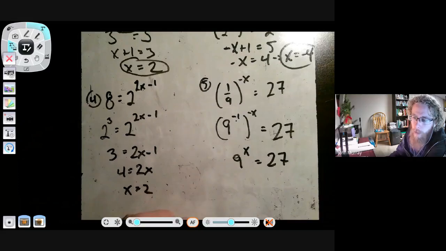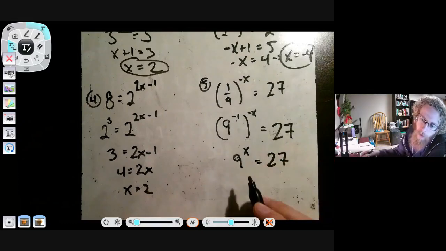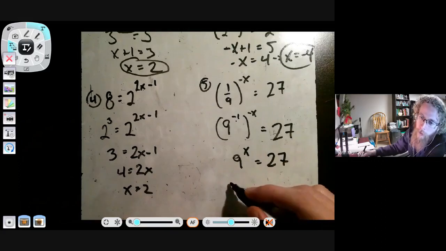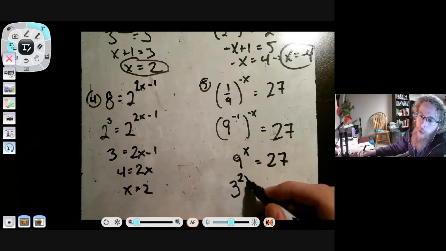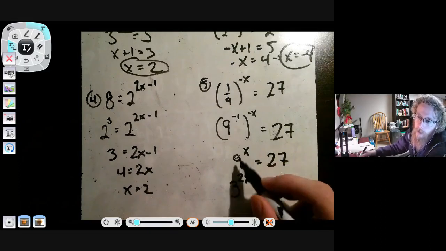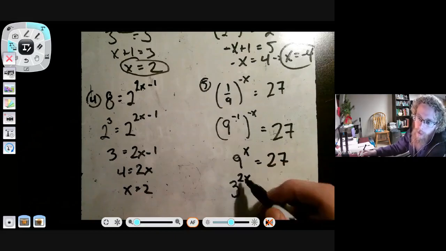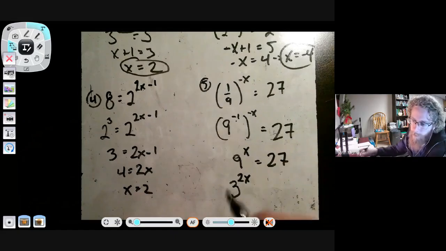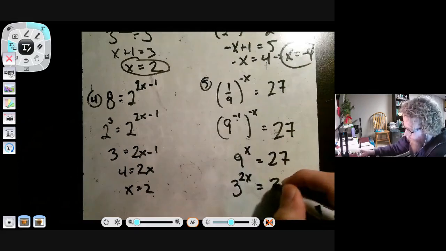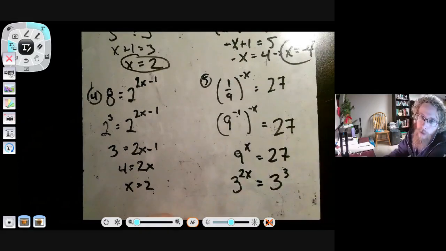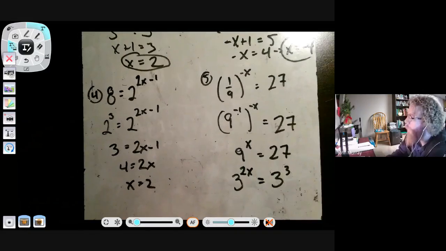let's do our breakdown. So 9, well, that would be 3 squared. So that would be 3 to the 2x. It becomes 3 squared, and the x tags along there. 27, we saw that before, would be 3 to the third.